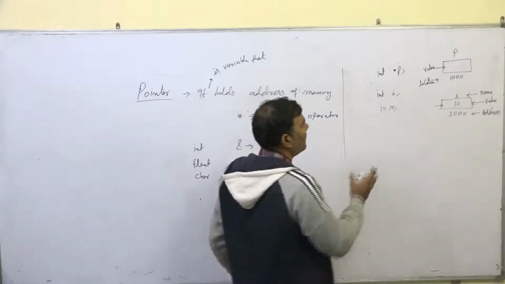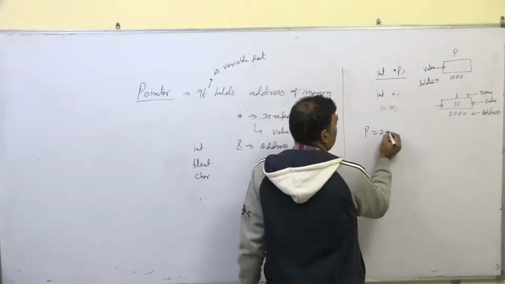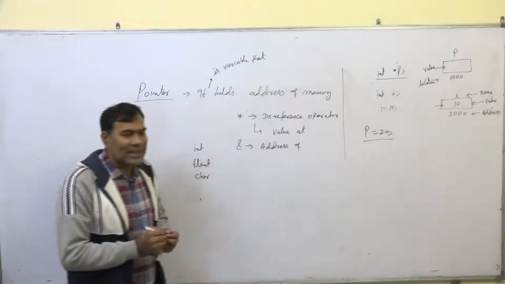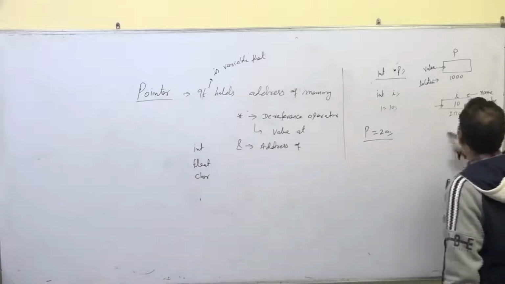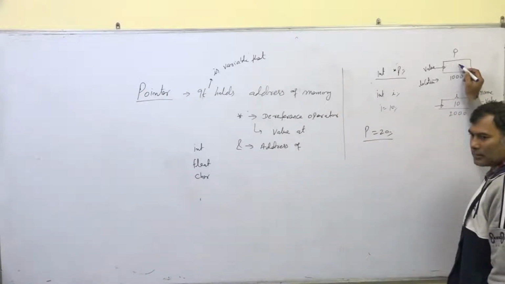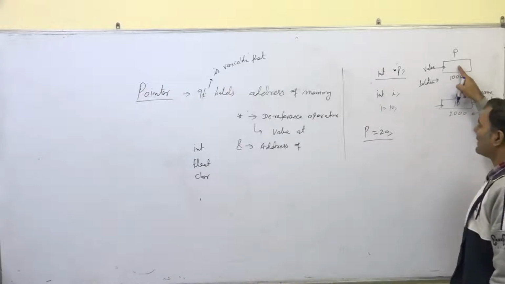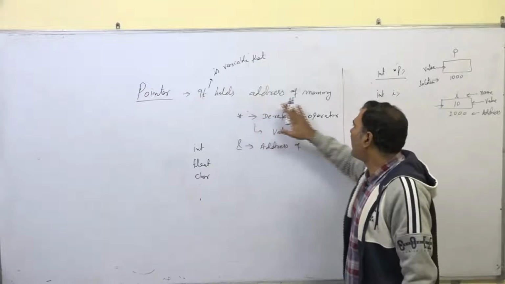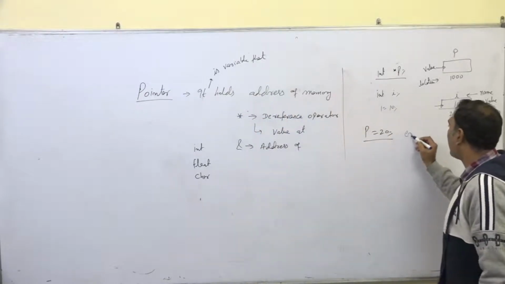Now, if P is a pointer and you want to assign P equal to 20, what is the meaning of this? Value of P is 20, so you want to store 20 in this location. Can you store 20 in this location? The answer is no. Why? Pointer can hold only address of memory, so it is a kind of error.